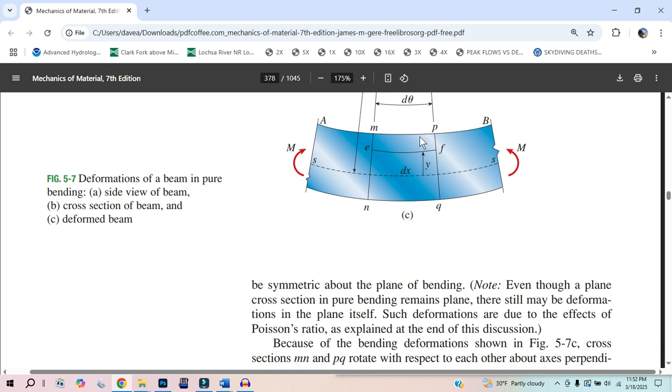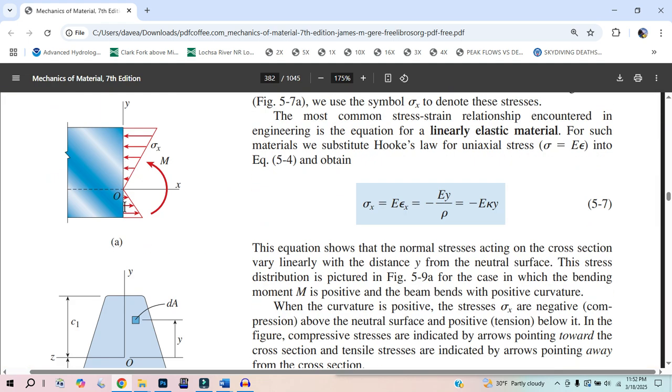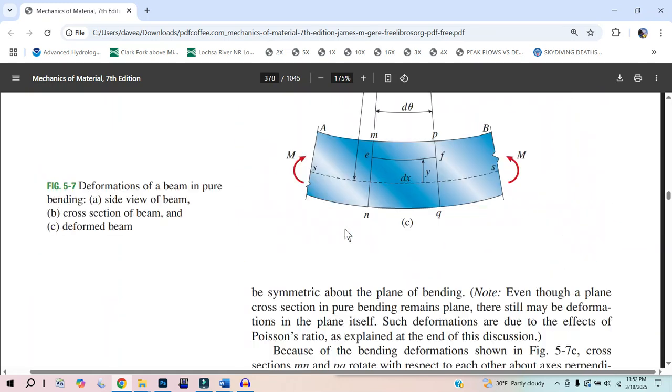Even though we have a gradient on those forces, the forces in this direction are going to add up to this moment. Cool, and so that's kind of the full proof that we'll go over.